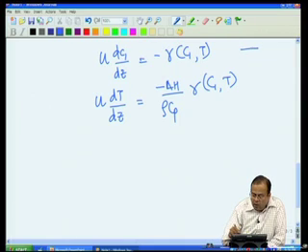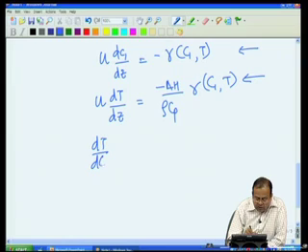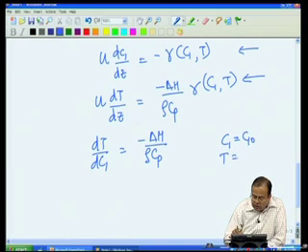So, we have our mass balance, we have our energy balance, and now we can once again combine these and say dT by dC1, from this particular relationship, is nothing but delta H by rho Cp, which I can integrate, saying that at the inlet C1 is C10, T is T0.